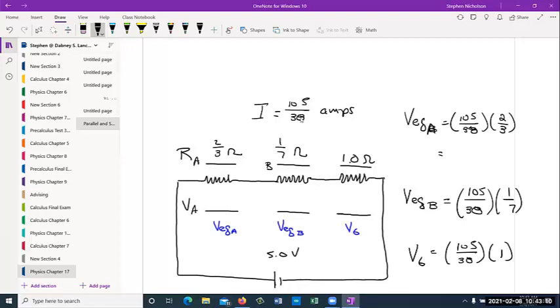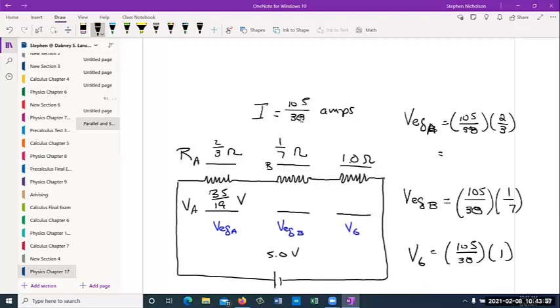So we got 105 divided by 38 times 2 divided by 3. Change that to a fraction. So this is 35 over 19 volts. The second one, 105 divided by 38 times 1/7.